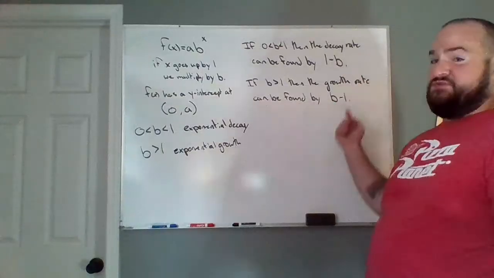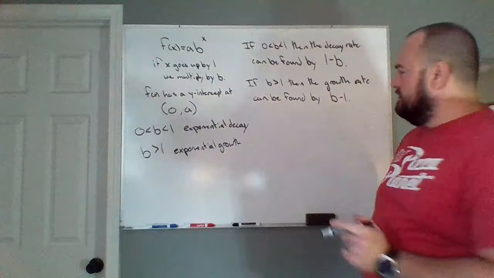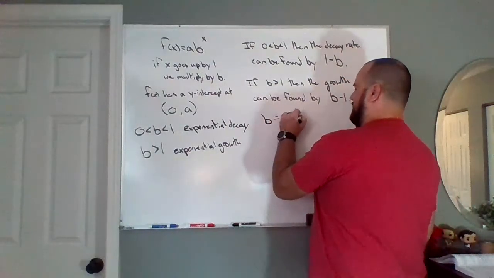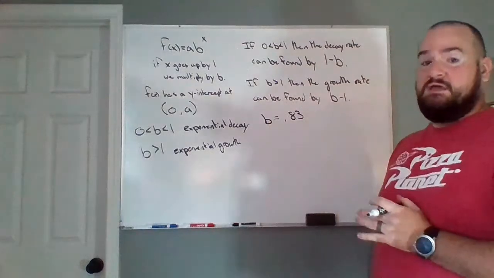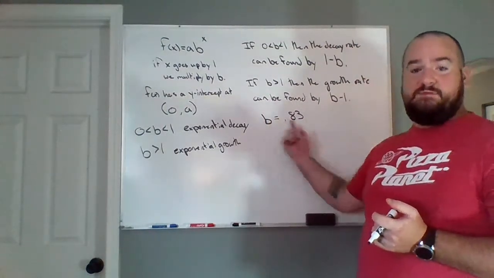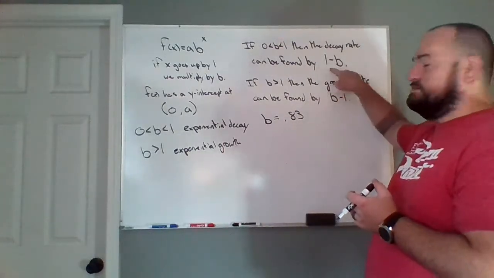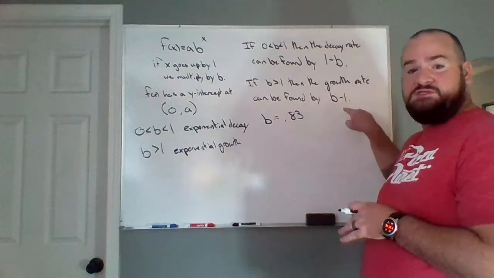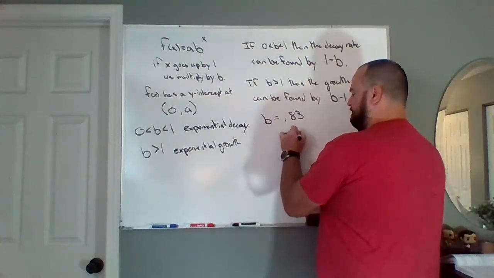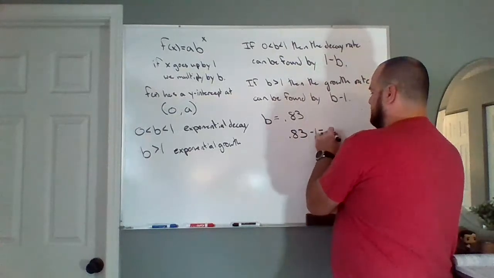So now you see how those are really easy to mix up. But let's do some examples real quick. So if b equals 0.83, first of all, do we have exponential growth or exponential decay? We have exponential decay, because that's between 0 and 1. So the formula we should use is 1 minus b. But what happens if we use the wrong formula? Well, if I have 0.83 minus 1, that's negative 0.17.